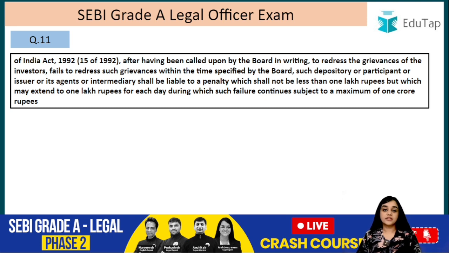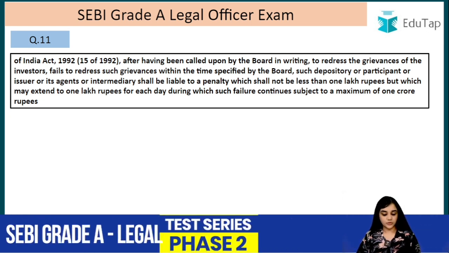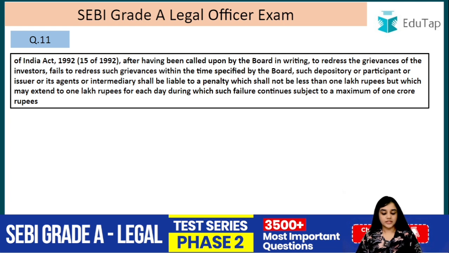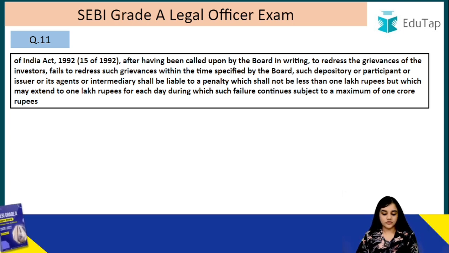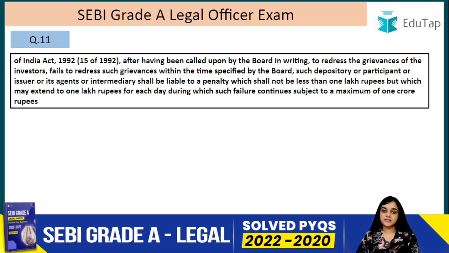So they were given an order by the board in writing to redress the grievances of the investors, but they failed to do so, and in that case, what is going to be the liability? If they fail to redress such grievances within the time specified by the board, such depository, participant, issuer or its agent or intermediary shall be liable to a penalty which shall not be less than 1 lakh rupees but which may extend to 1 lakh rupees for each day during which such failure continues, subject to a maximum of 1 crore rupees.